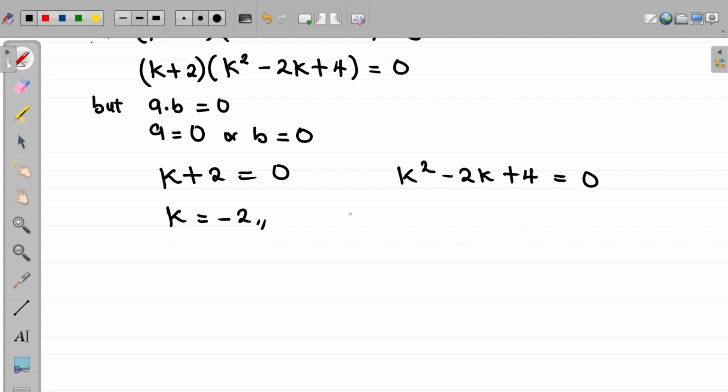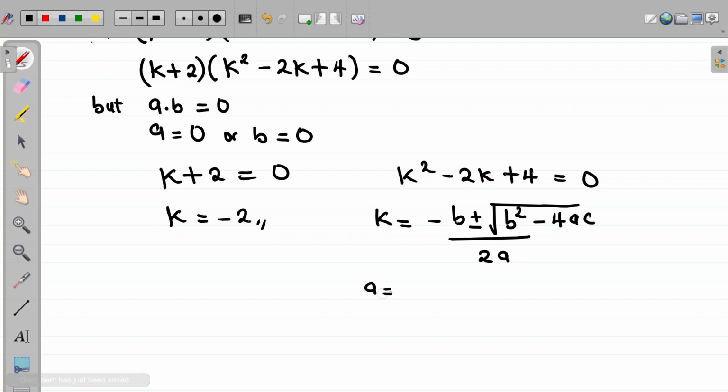From our quadratic formula, we have that k is equal to minus b plus or minus root of b squared minus 4ac, divided by 2a. And a is equal to 1, b is equal to negative 2, and c is equal to positive 4.